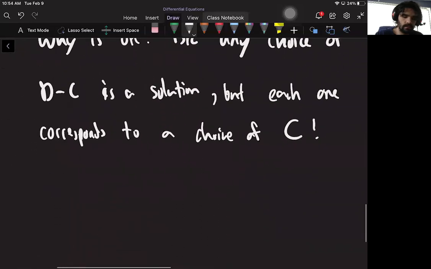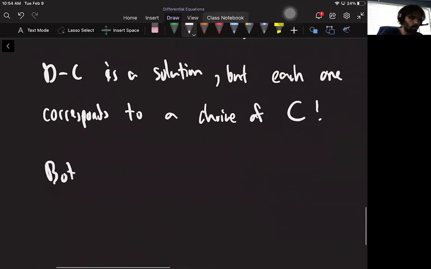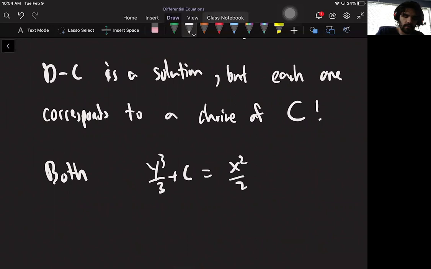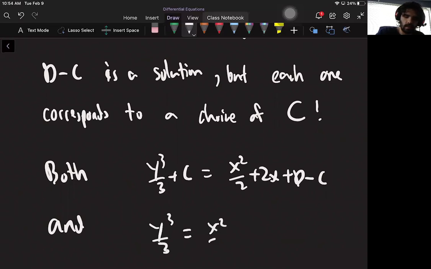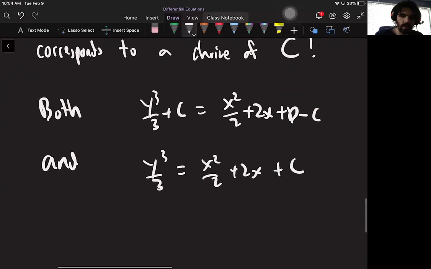Okay, so both y cubed over 3 plus c equals x squared over 2 plus 2x plus d minus c, and the other one, the nicer looking one, the more reduced one, they're saying the same thing.